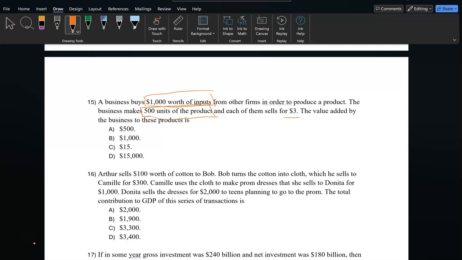The value added by the business to these products is how much? My answer is going to be 500 times 3. From that, subtract $1,000 and we end up with 500. So this is the one.